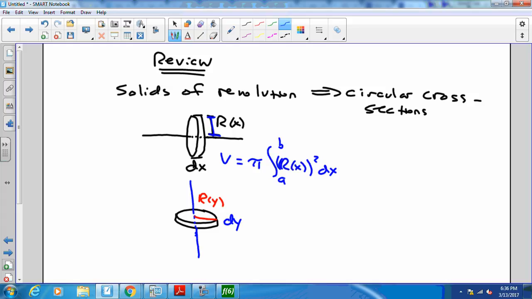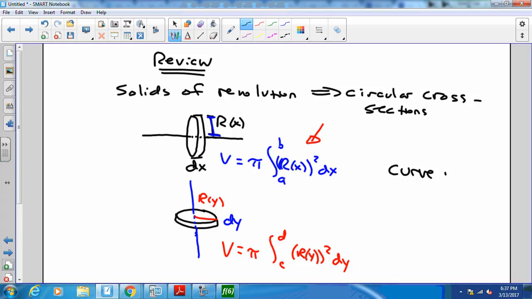If, on the other hand, my axis of revolution is vertical, then the width of my cross-section is going to be y, and my radius is going to be a function of y, so that the volume will be equal to pi times the integral from first to last of r of y squared dy, just like this.